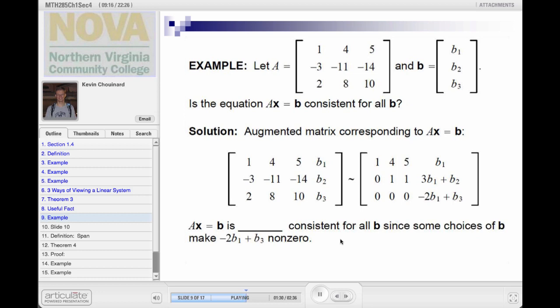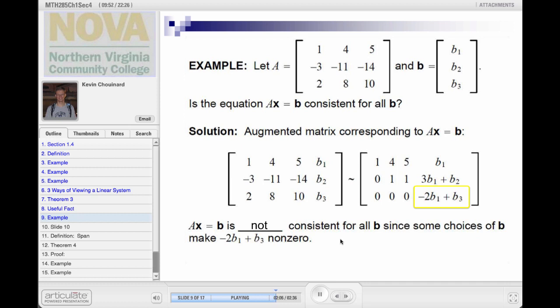So what happens here? Is this consistent or not? Well, the matrix equation A x equals b is not consistent for all b. The reason is that some choices of b can make negative 2 b sub 1 plus b sub 3 not equal to 0. If you look at this entry right here, if we have an entry there that is not 0, that equation now becomes an equation of the form 0 equals a non-zero number.